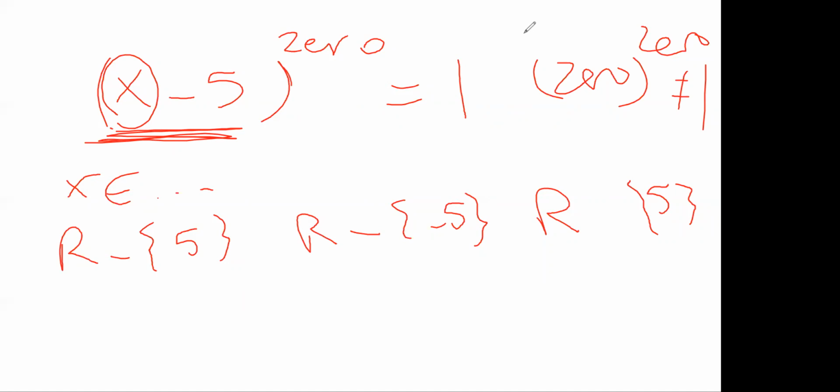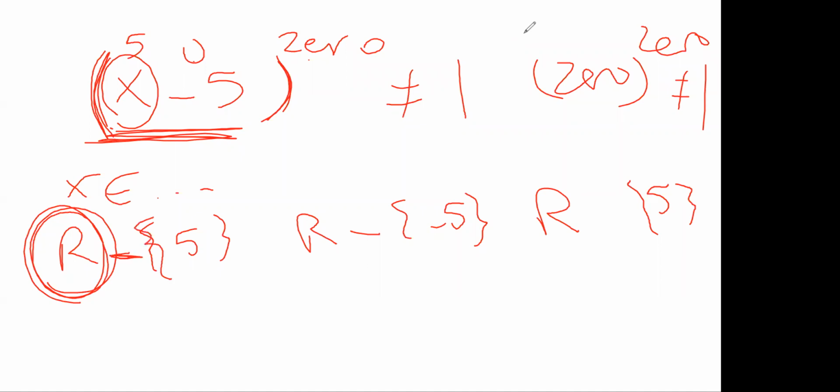What will make this bracket 0? If I put x as 5, then it becomes 5 minus 5, which equals 0. We said 0 power 0 doesn't equal 1. So any real number can be right except if x is 5.